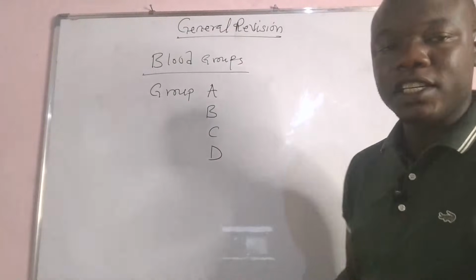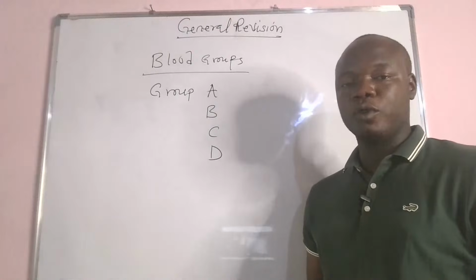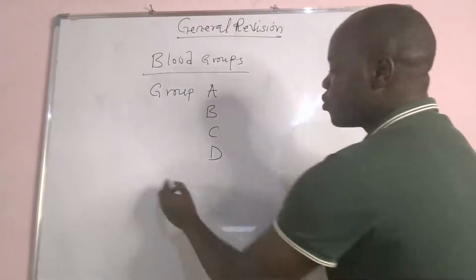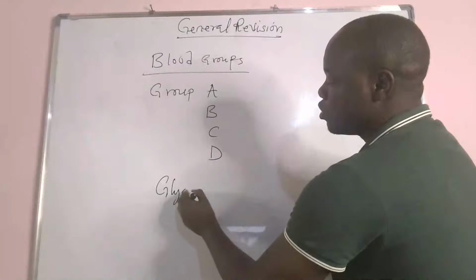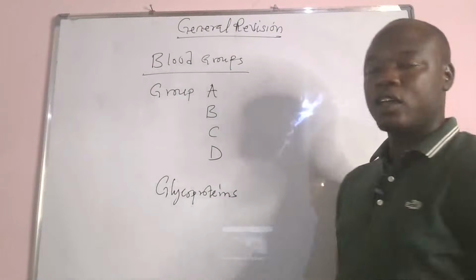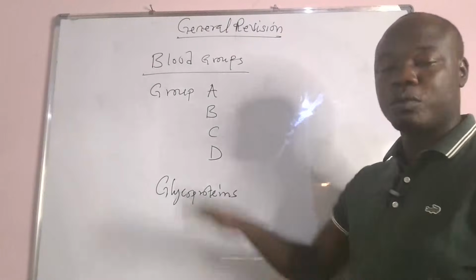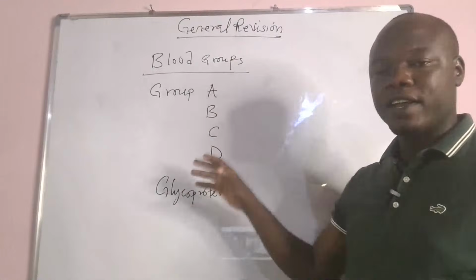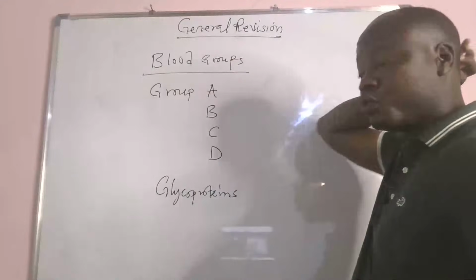And don't forget, ladies and gentlemen, to watch my video on glycoproteins. So you know that actually there are some carbohydrates that are present on the surface of these blood groups.